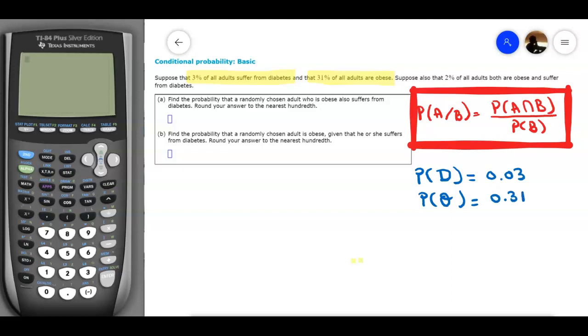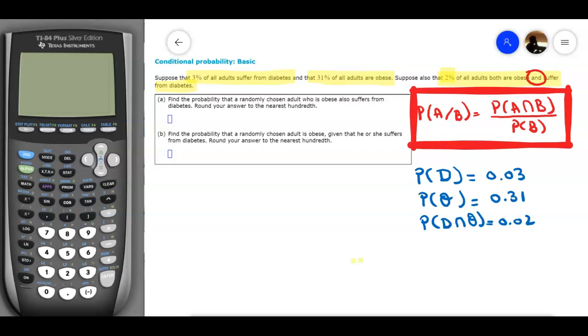The last piece of information is 2% of adults are obese and suffer from diabetes. So this would be the probability of D intersection O, which is equal to 0.02. You notice here that there is a connection, and that's why we use the intersection.